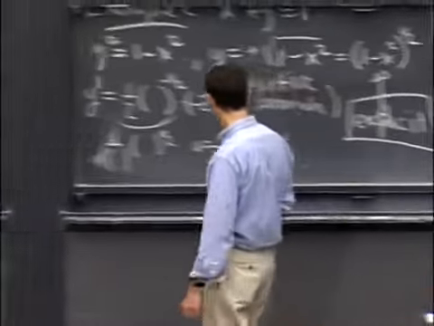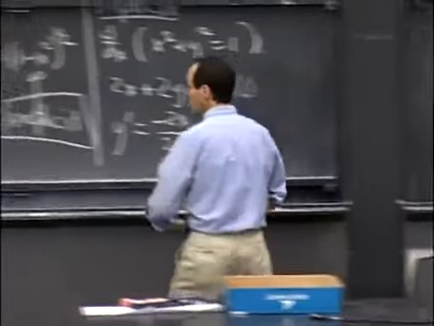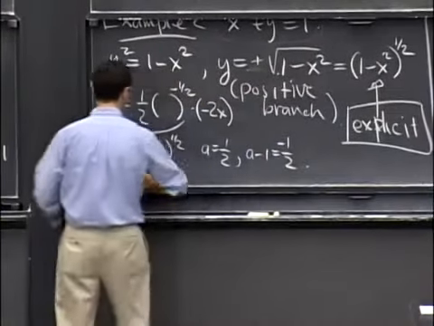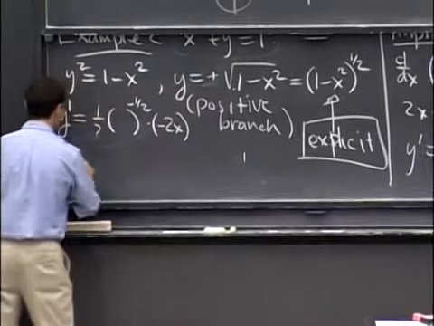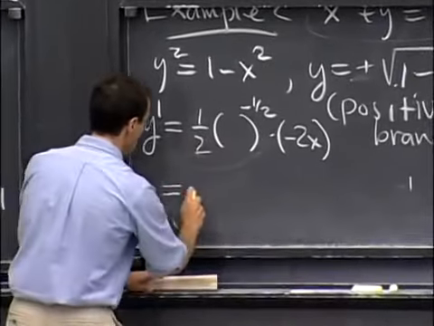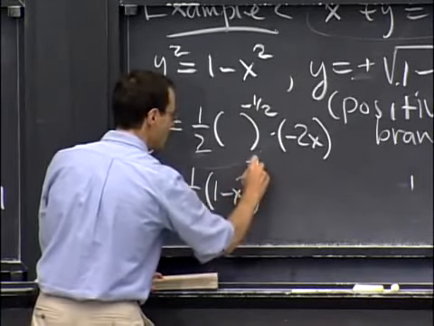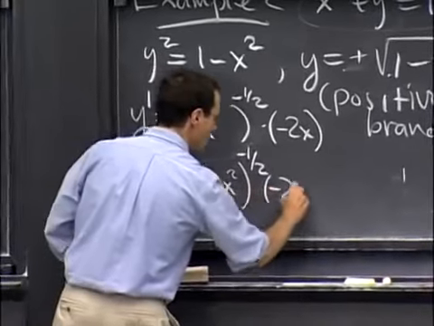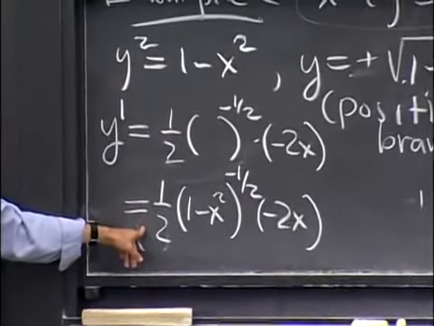I apologize, I'm going to have to erase something to do that. So let's compare our two solutions. I'm going to put this underneath and simplify it. So what was our solution over here? It was a half 1 minus x squared to the minus a half times minus 2x. That was what we got over here.